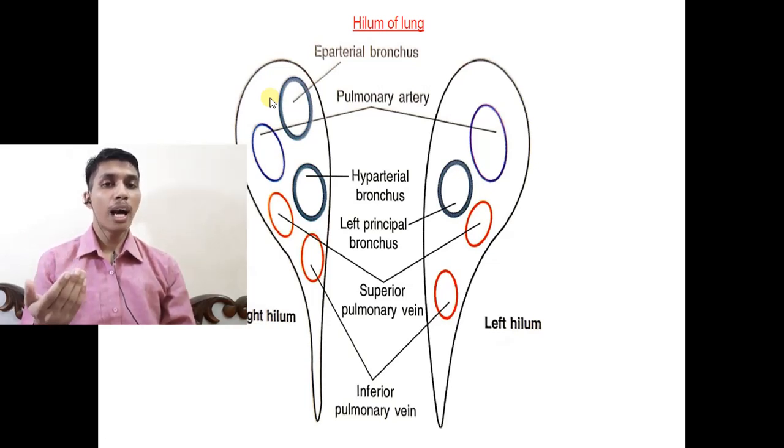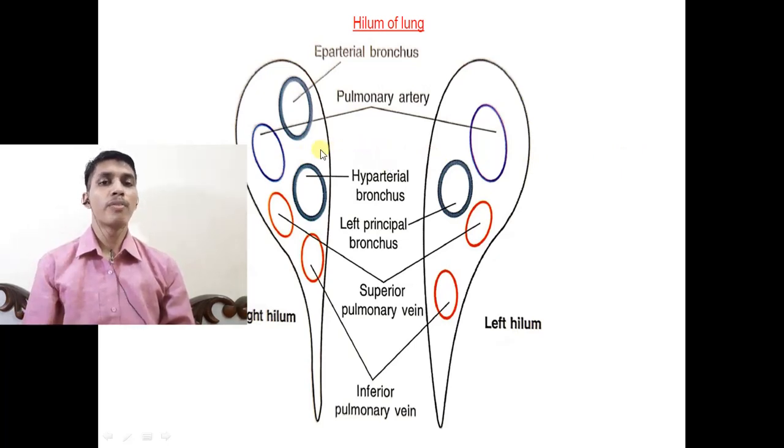The other lobar bronchus passes below the pulmonary artery, the hypo or inferior one, known as the hyparterial bronchus. That causes the main difference: the structures from above to downward are different in both lungs, whereas the structures from anterior to posterior are almost similar.